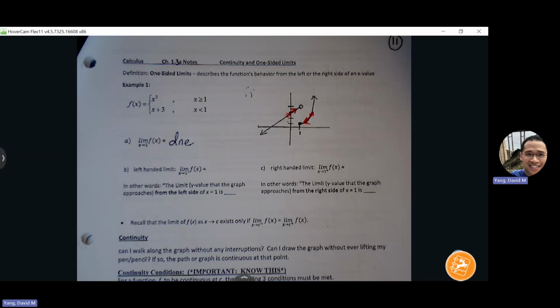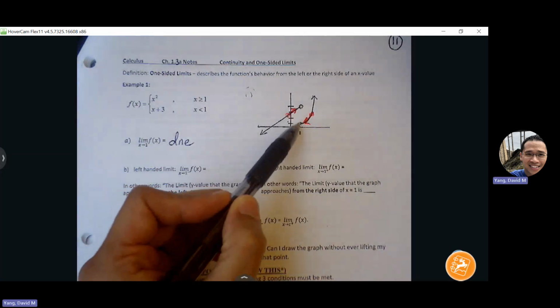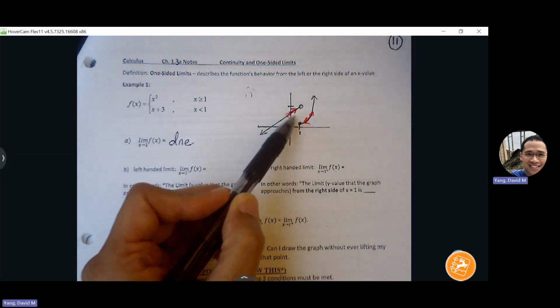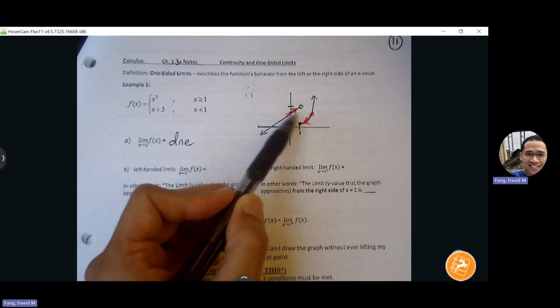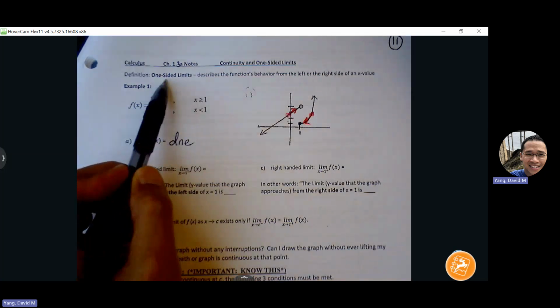You demonstrated that when I gave you the graph and you were asked to find whether the limit exists. We used arrows as a way of looking for agreement between the two arrows. This is an informal way of demonstrating a one-sided limit.